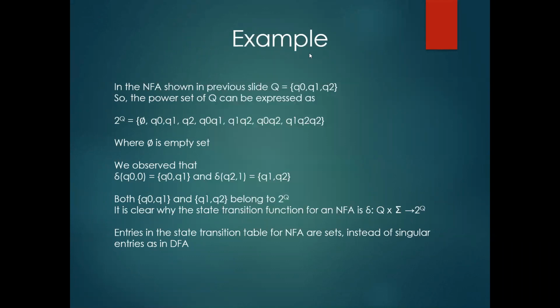So the power set of Q will be: phi, Q0, Q1, Q2, Q0Q1, Q1Q2, Q0Q2, and Q0Q1Q2. So if you have three states in Q, the power set of Q will contain eight entries. 2 raised to 3 is 8, right? So you could count here, we have 8 states, and phi is called the empty set. Why this is, here we can observe.